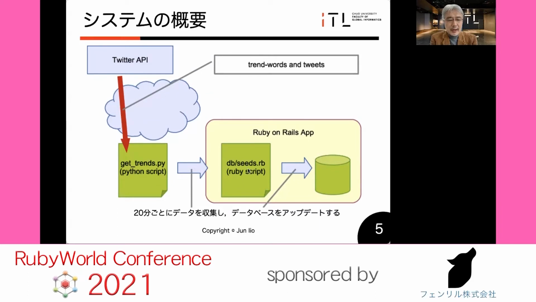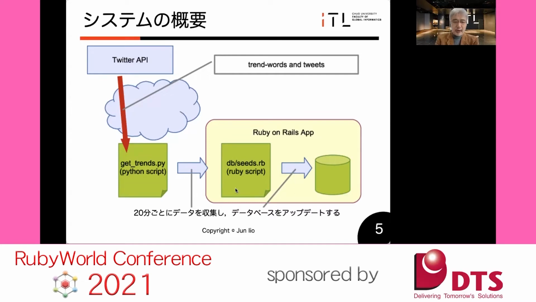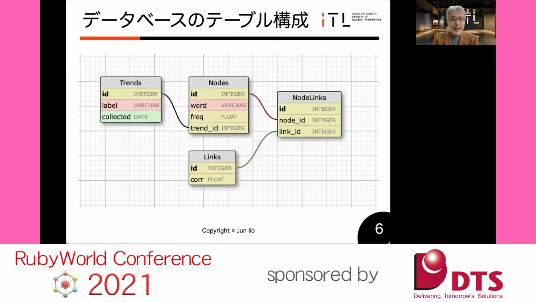This part is actually written in Python. The data can be given by this Ruby script, and the Python script is used to make it first, and then db:seed is used for updating it. Every 20 minutes it is uploaded by group.